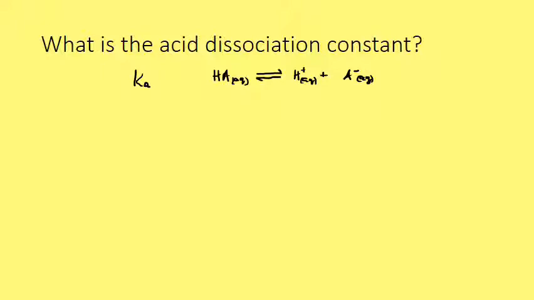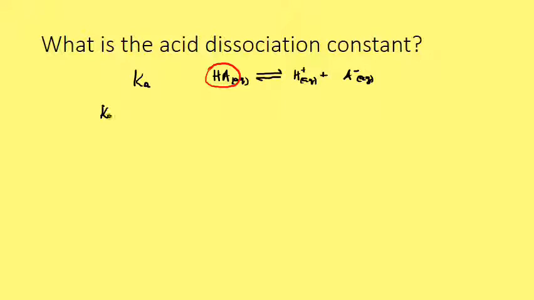And what we know about weak acids is that mostly the acid molecules stay whole. There's only a tiny bit of dissociation. But nevertheless, let's write an expression for Ka.